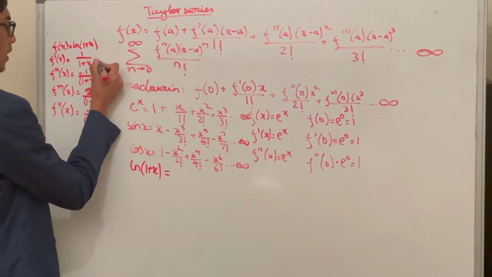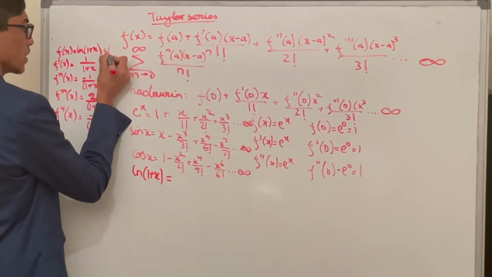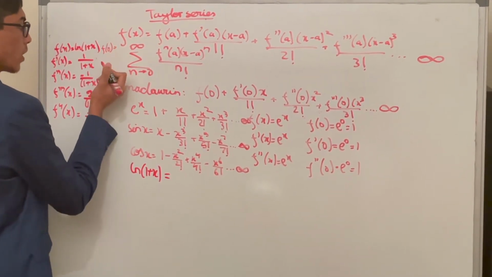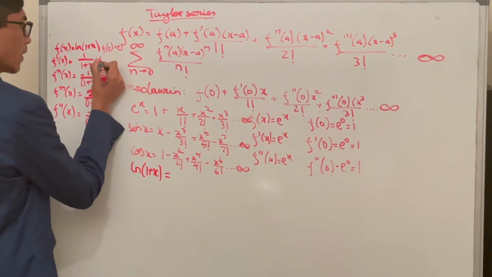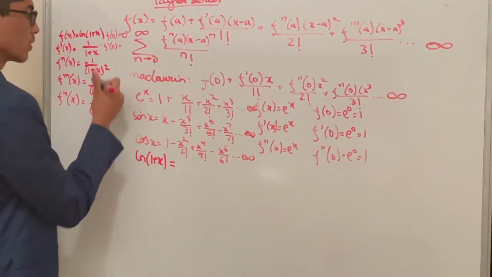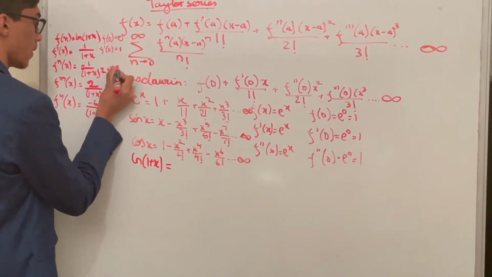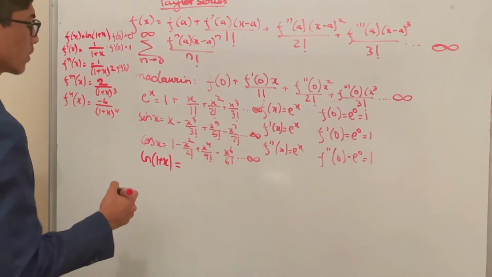Now, if we do f of 0, that would just be ln 1, which is 0. F prime 0 would be 1 over 1 plus 0, which is just 1. F double prime 0 would be minus 1 over 1 plus 0, which is just minus 1.